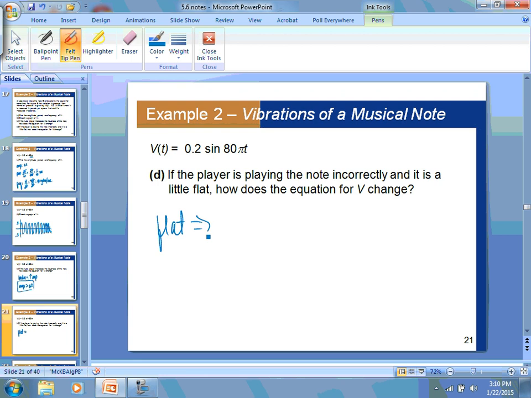It's going to decrease our frequency. So that means that our frequency would really have to be less than what it is now. And right now it's 80 pi. Remember that W variable, that constant, that was our frequency. So that 80 pi is representing our frequency. Okay, so that's basically the conclusion that they would want you to make there.